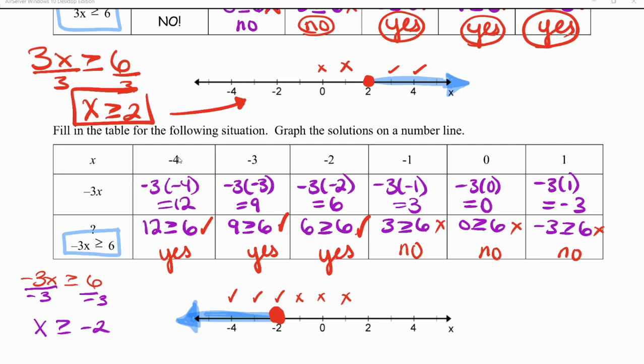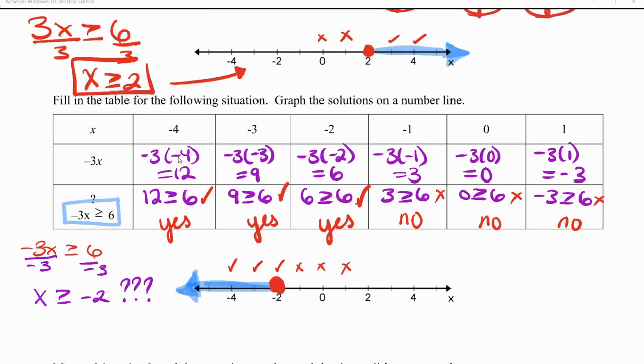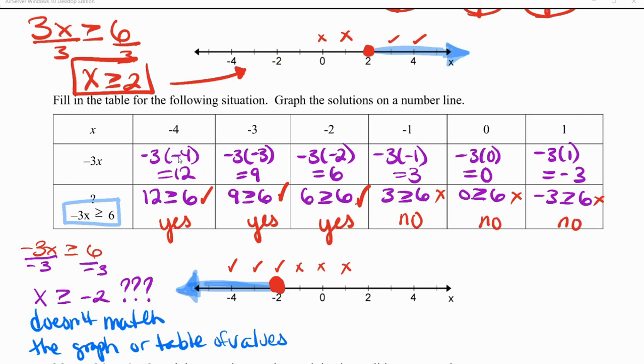Okay, now the issue is this inequality does not match the graph we made, nor does it match the table. And that's because we divided the inequality by a negative number.